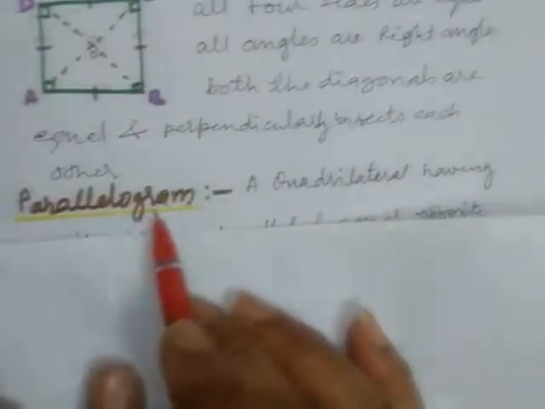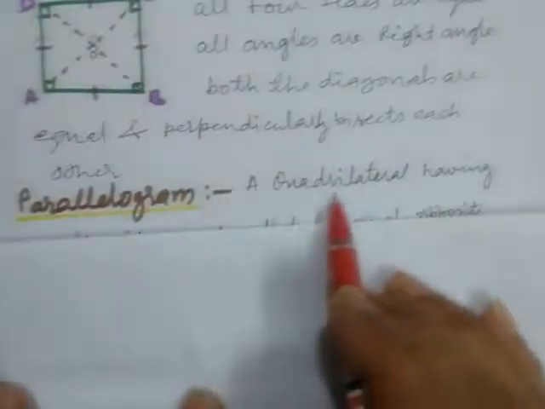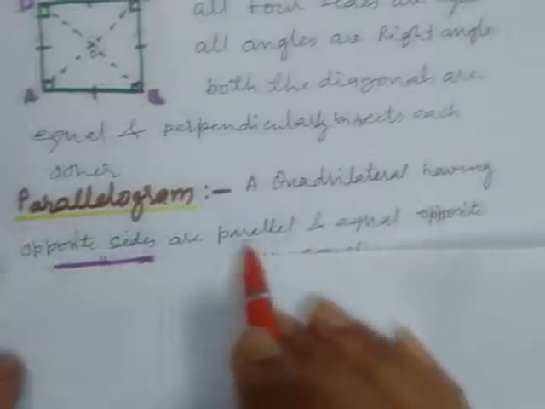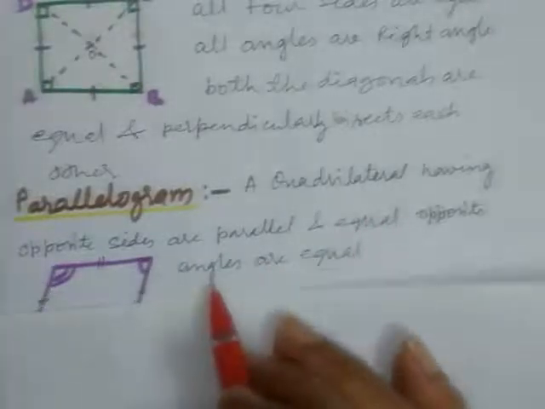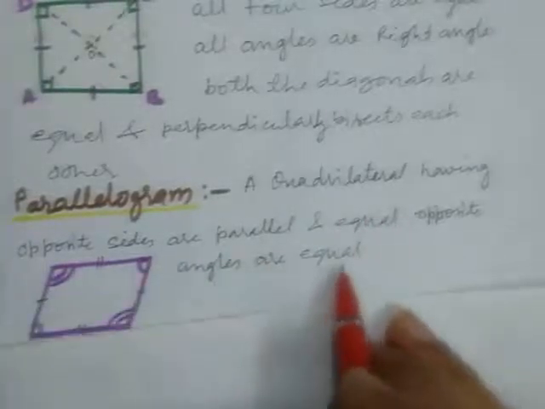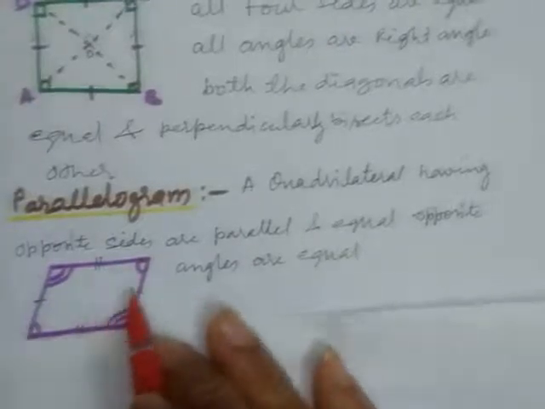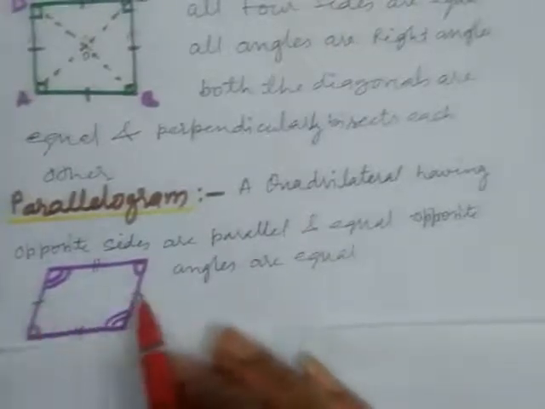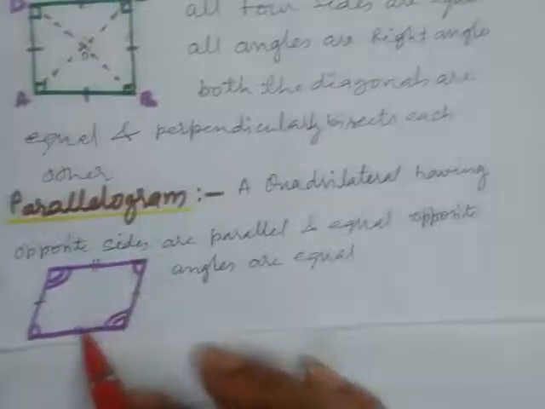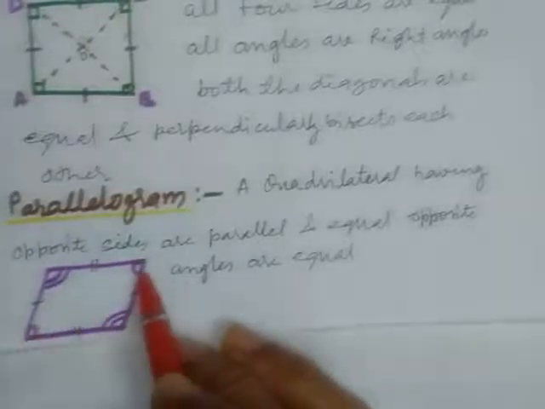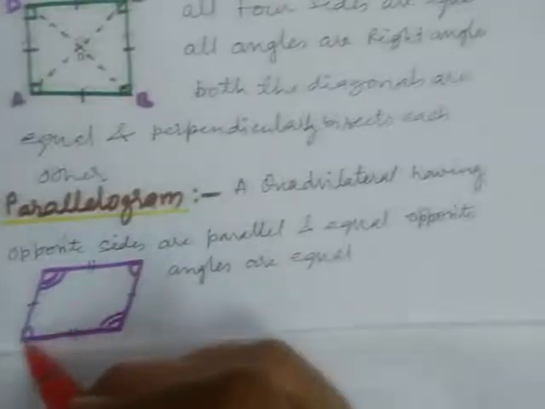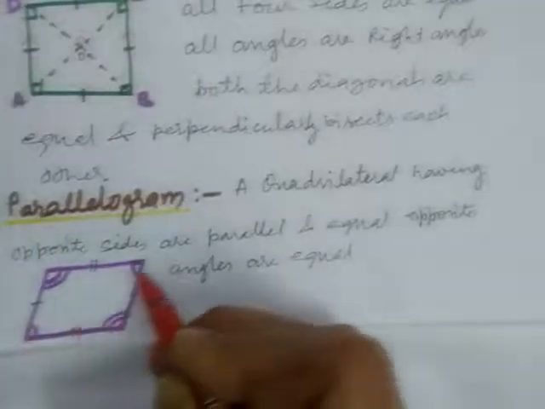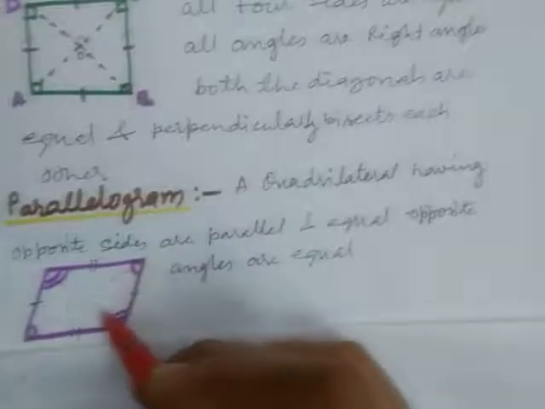Now parallelogram, a quadrilateral having opposite sides parallel and equal. Opposite angles are also equal. This is a quadrilateral having opposite sides equal. Opposite angles are equal. And the diagonals bisect each other.